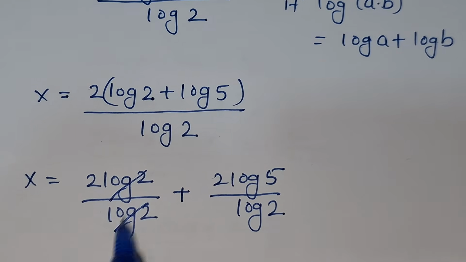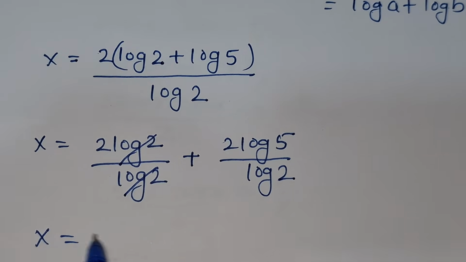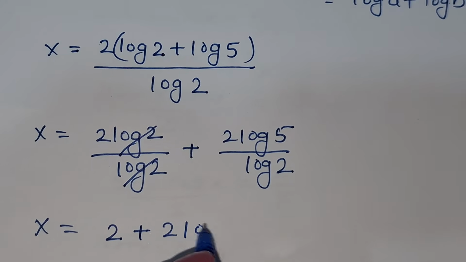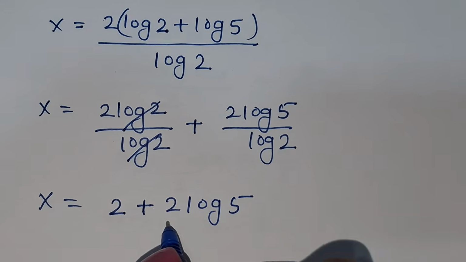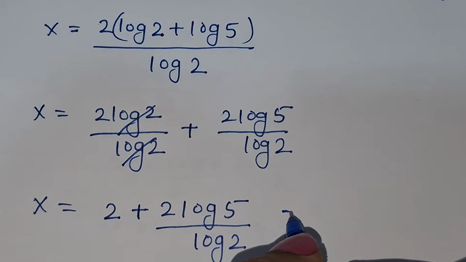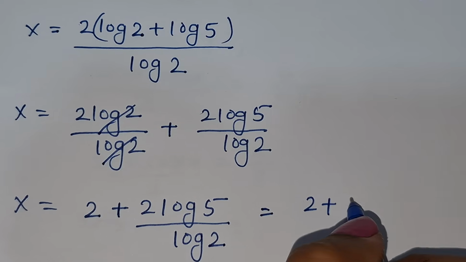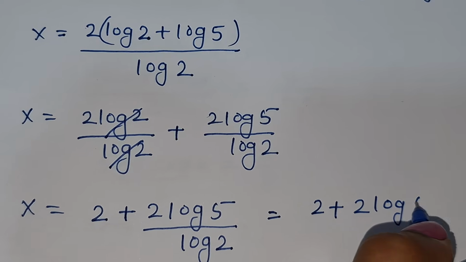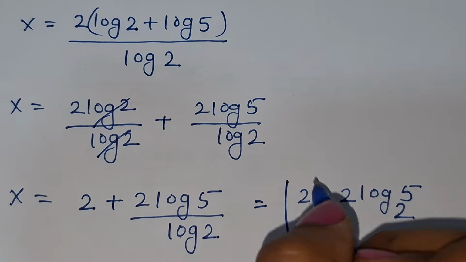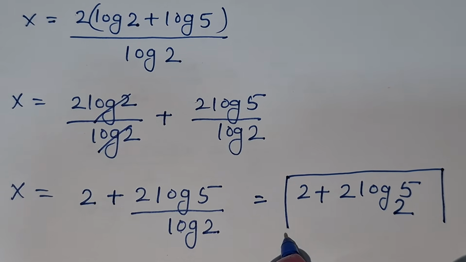Now log 2 cancels, so x is equal to 2 plus 2 log 5 divided by log 2, or we can say 2 plus 2 log 5 to the base 2. So this is the value of x here.